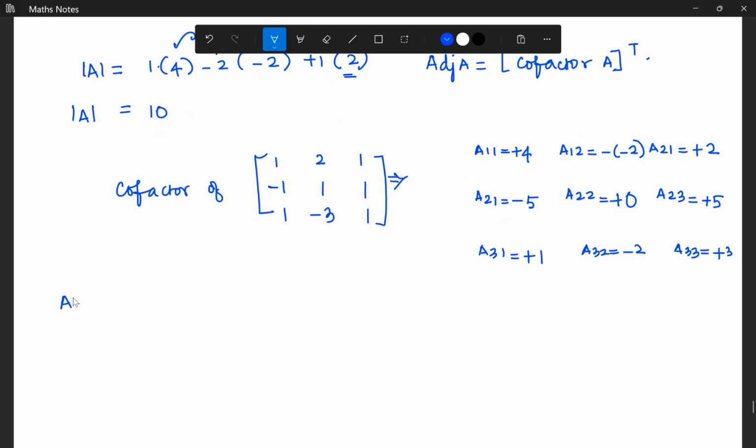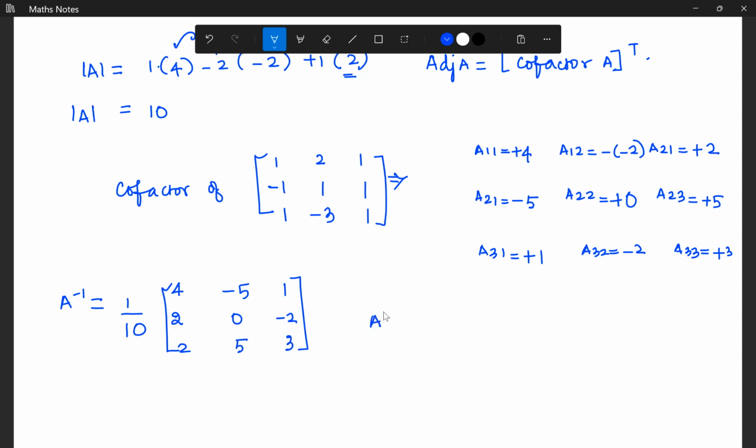So A inverse is equal to 1 divided by determinant of A, the whole into the adjoint of A, which is 4, minus 5, 1, and then 2, 0, minus 2, 2, 5, and 3.